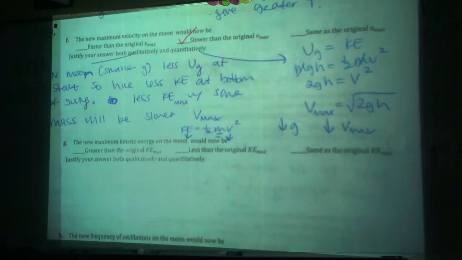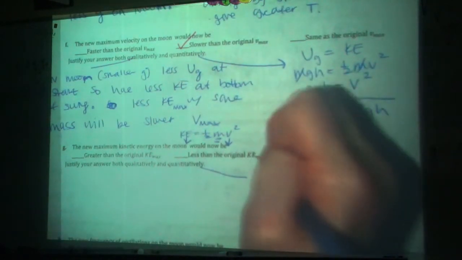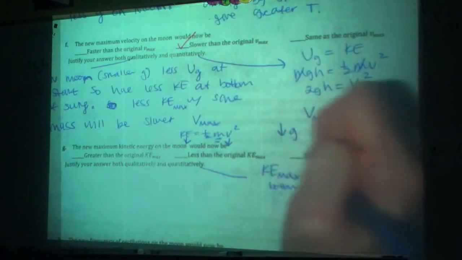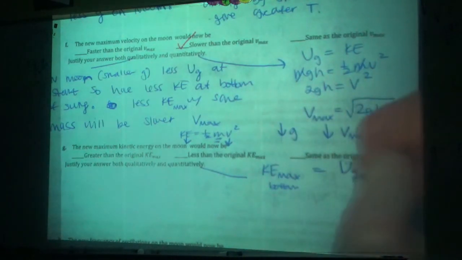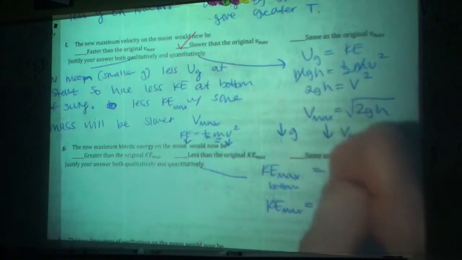Okay, the new maximum kinetic energy on the moon, well, we kind of already just said this. For the quantitative answer, your KE max at the bottom is equal to your maximum potential energy at the top, or the start. So your KE max is just mgh.